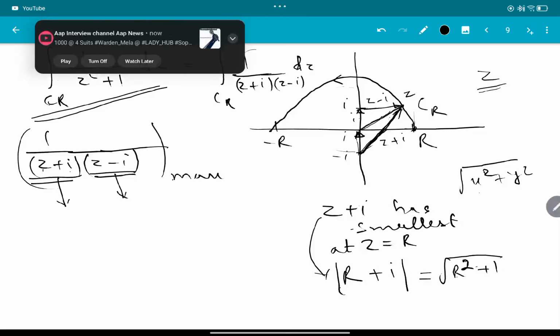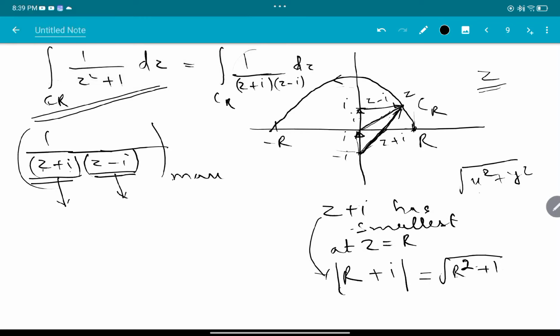Now, what about Z minus I? Z minus I will have its smallest value at this place, because at that location Z will be from this to this, and I will be this. So the whole of I will be subtracted from Z, and you will be left with this much.